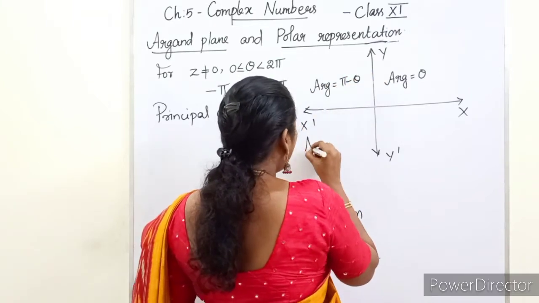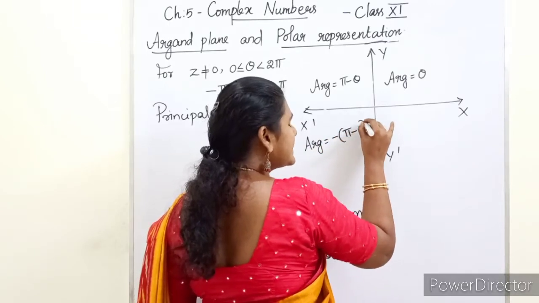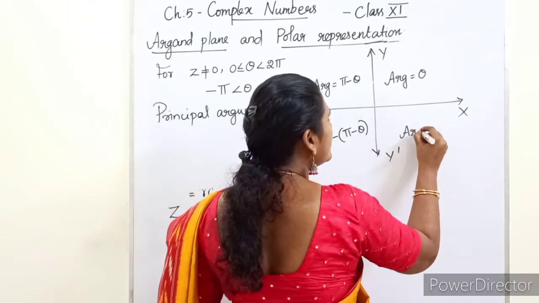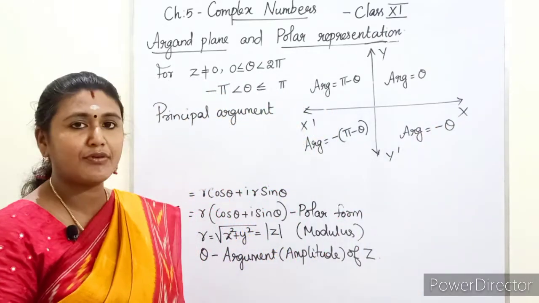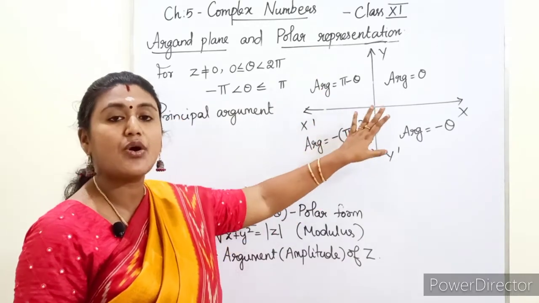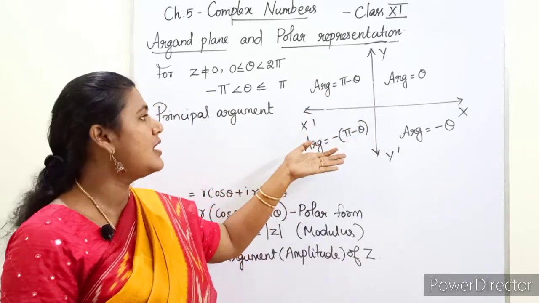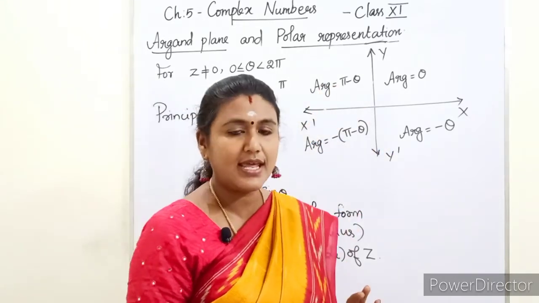In the third quadrant, the argument formula is minus of pi minus theta. And in the fourth quadrant, the argument is minus theta. So this is the formula for finding the argument in each quadrant, and we have to use it accordingly.